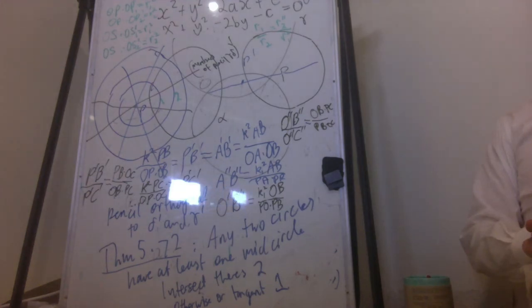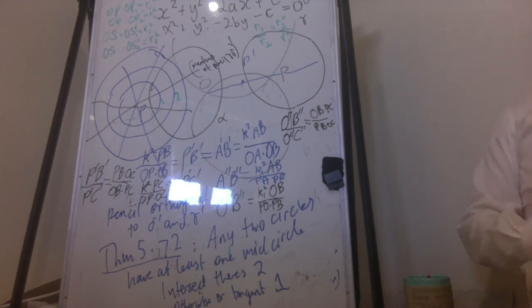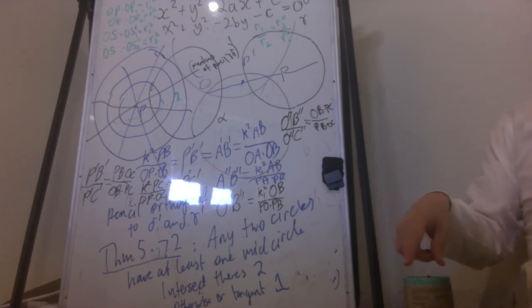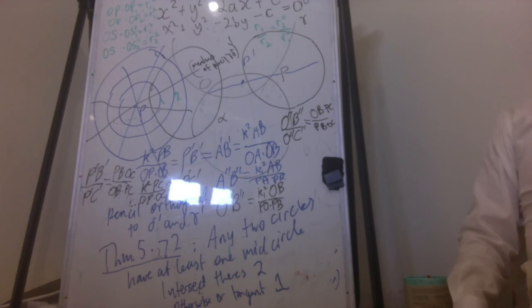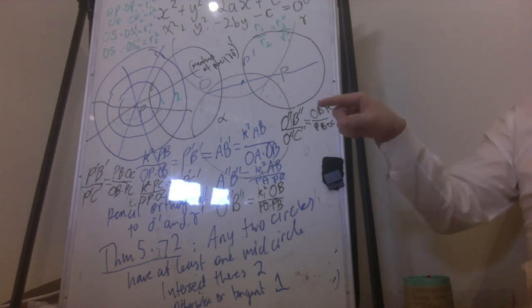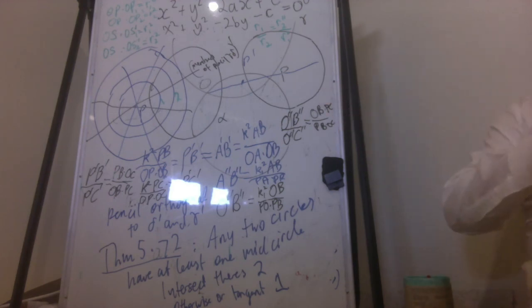Think about the statement we're trying to say. If you have two circles, then you can invert from one to the other. So the converse is: if you can invert from one to the other, then you have two circles. Right?